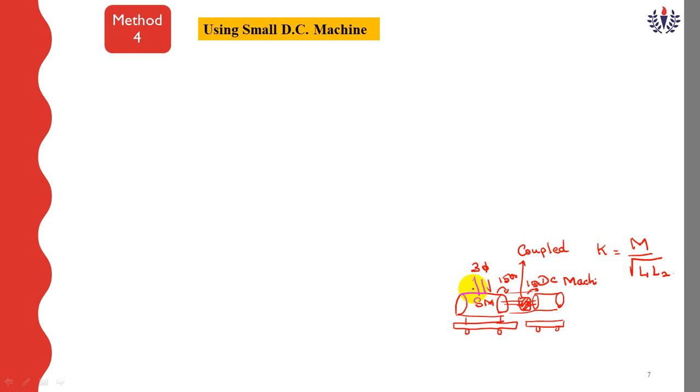And why do we need this coupling effect? Sometimes for testing arrangements we need a DC machine to make the synchronous motor run at synchronous speed. For example, with large machines, say 3.3 or 5 kilowatt or 5 HP machines, it won't run.